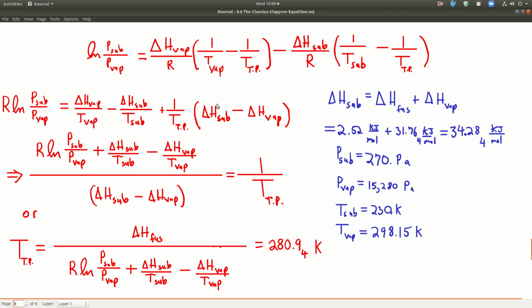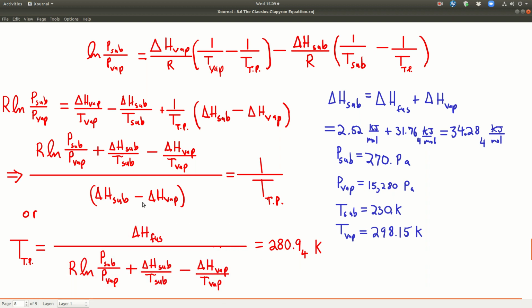And then everything that had the triple point temperature, which is delta H of vaporization here and delta H of sublimation here, I pulled the 1 over the triple point temperature out, and I got this term in parentheses. I added this, subtracted this, that's where these terms came from, then divided through by the parentheses, and we get this equation right here. See, we're isolating the triple point temperature. And this is 1 over the triple point temperature, so now I invert both sides, and I get this equation right here.